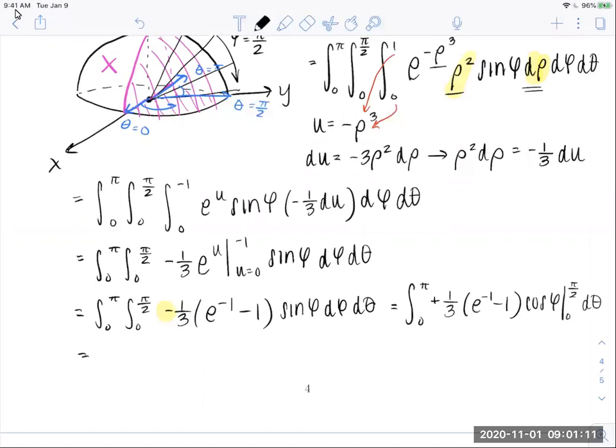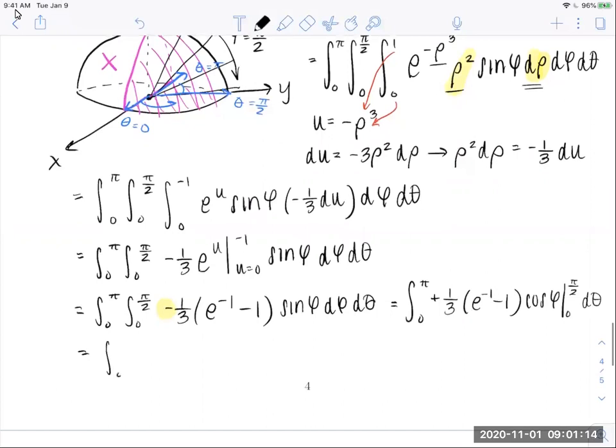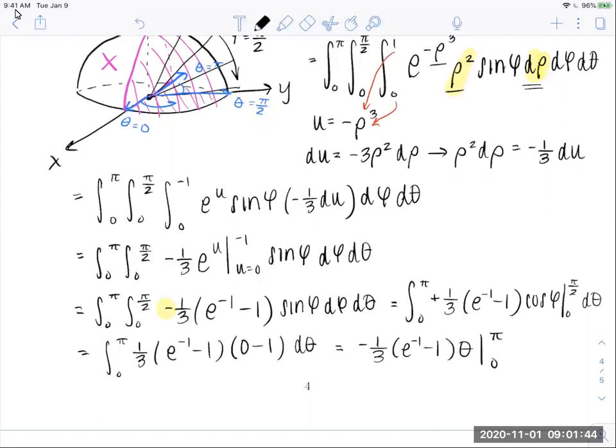All right, so let's plug in our limits of integration for phi, carrying along all of my constants. Cosine of pi halves is 0, and cosine of 0 is 1. All right, and now everything in this integrand is a constant, so when I integrate with respect to theta, I just get a theta back out. So rewriting my constants with the theta tacked on from 0 to pi, my final answer here is a negative pi thirds e to the negative 1 minus 1.